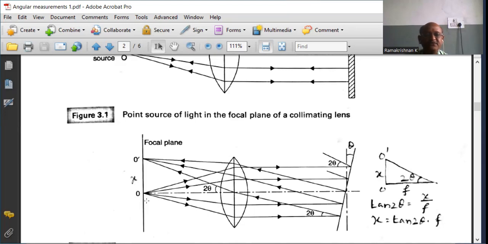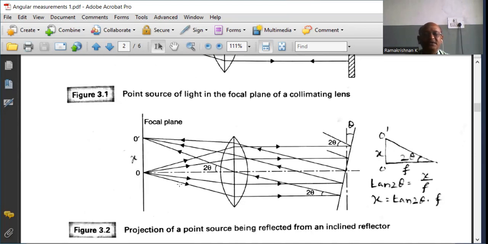Previously we got the image at the same light source. But here, due to the tilt of the reflector by theta, the light rays get deflected by the angle 2 theta, and the image falls at O dash, which is x distance apart from O.